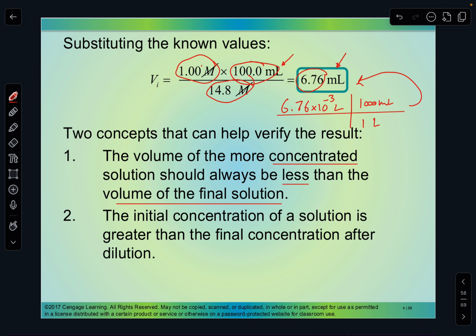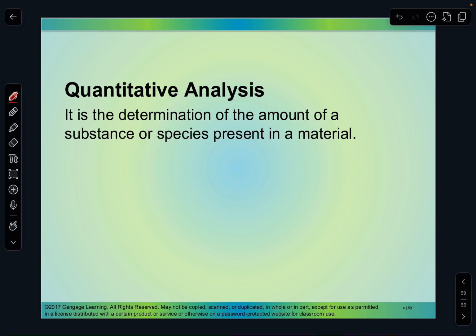And that's what the second one says: the initial concentration of a solution is greater than the final concentration after dilution. Right, yes. So 14.8 going to 1, the initial concentration is going to be greater than the final concentration.